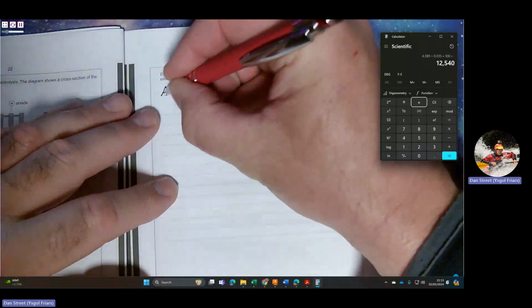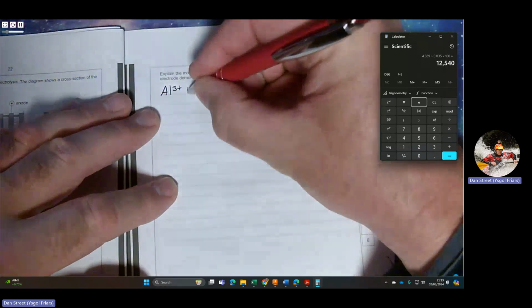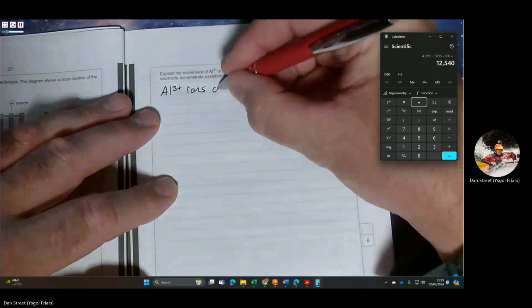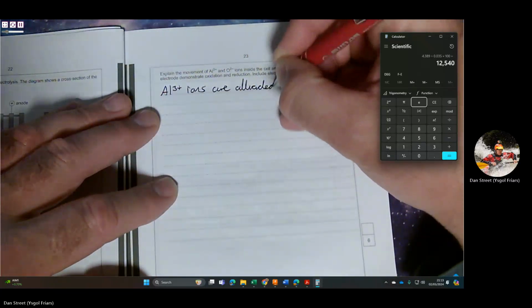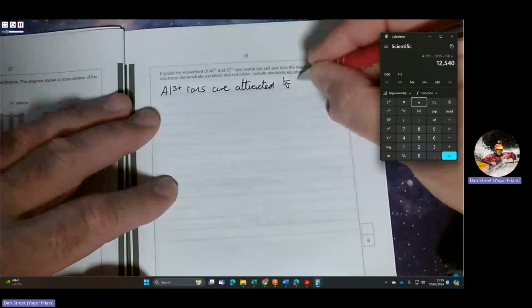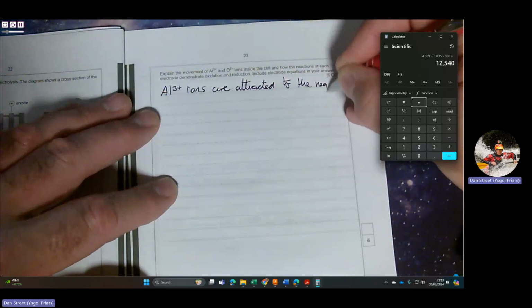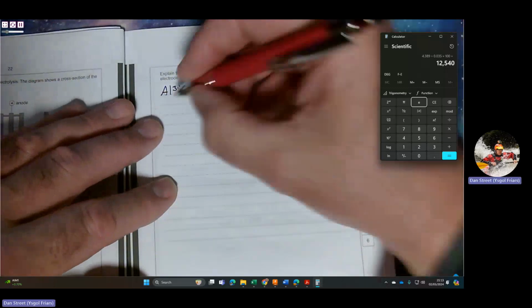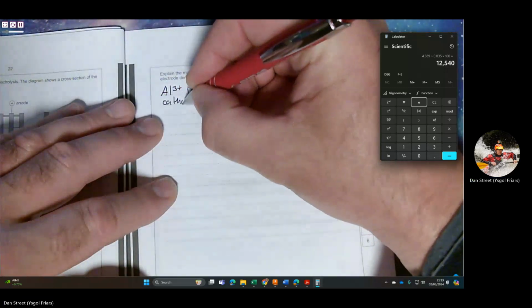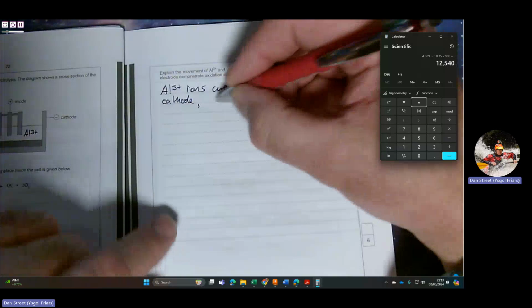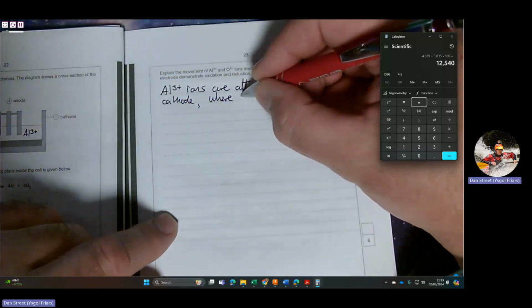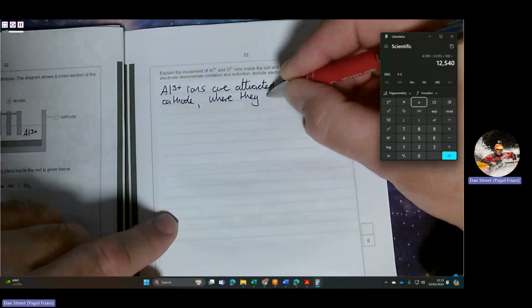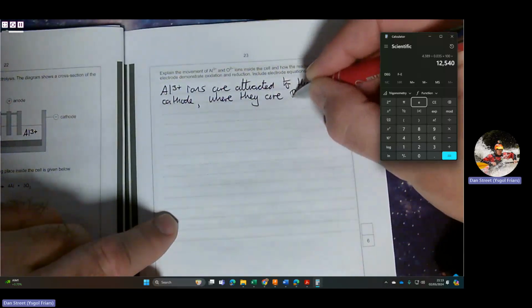Okay, so opening statements might include that Al3+ ions are attracted to the negative cathode, where they are reduced.